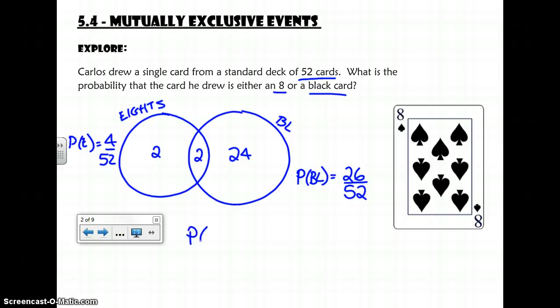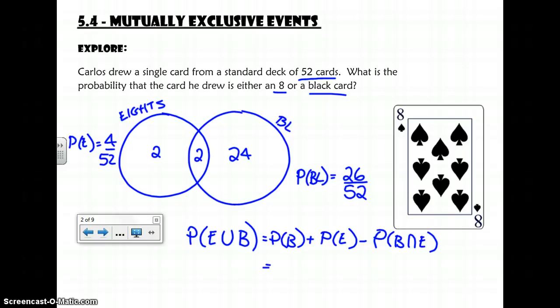So now the probability of having an 8 or a black card. Remember that this U means or. So when we figure that out, we take the probability of having a black, add the probability of having an 8, and subtract the overlap, or the probability of having a black and an 8.